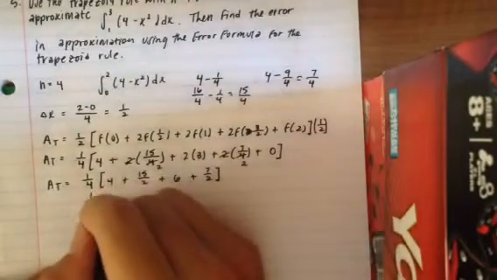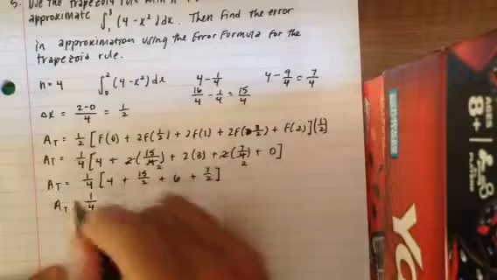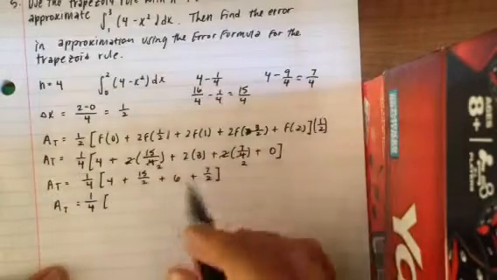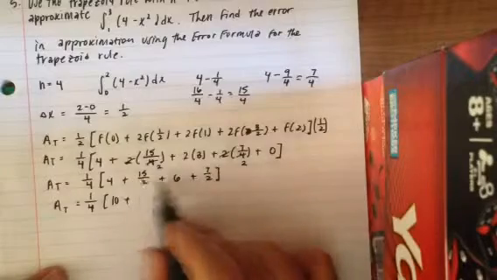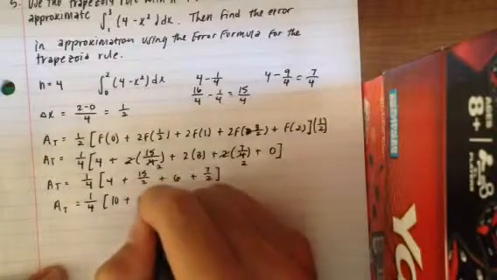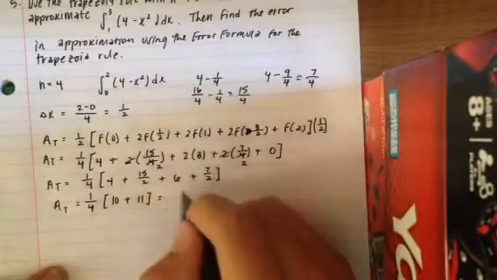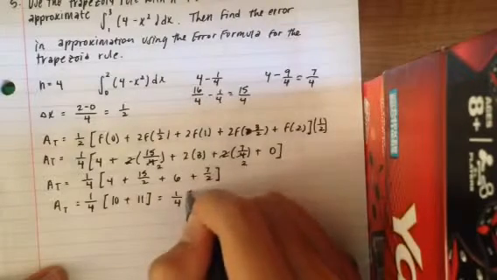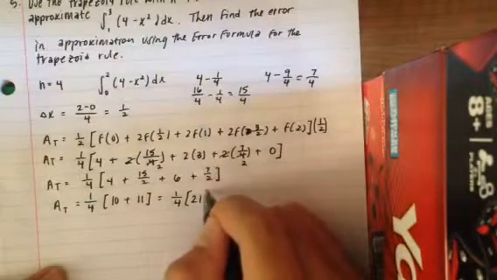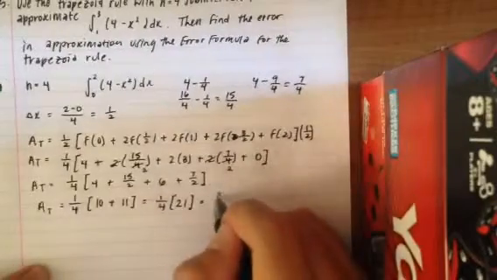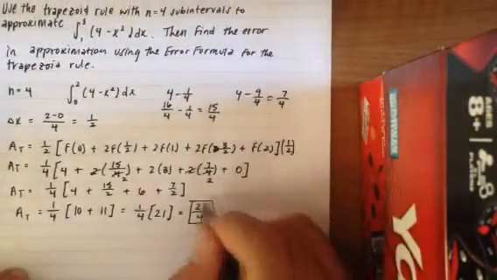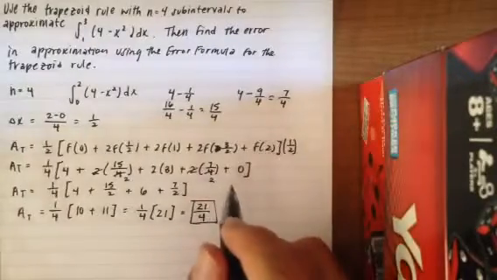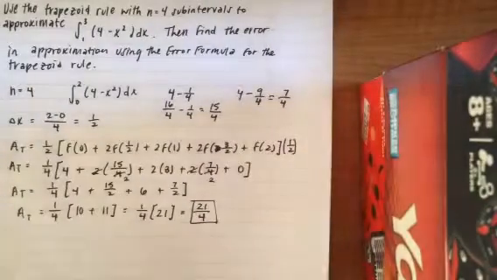So then that would be 1/4 times 10 plus, if you add these together, that would be a 22/2, which is 11, which equals 1/4 times 21, which equals 21/4. And that would be the answer for the first part of the question.